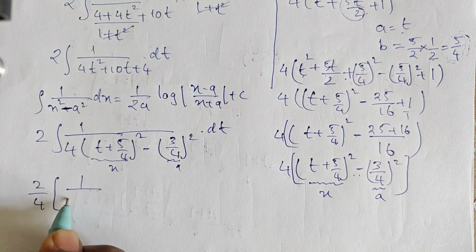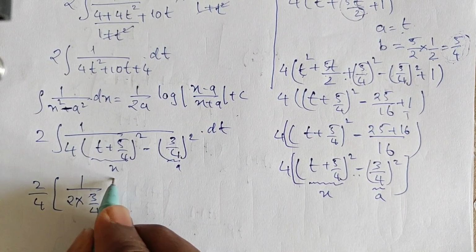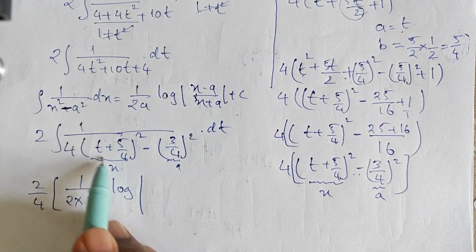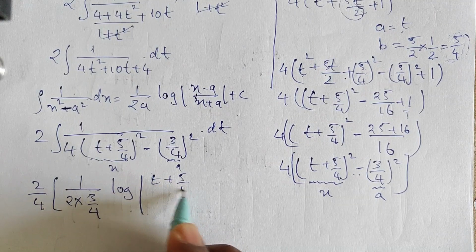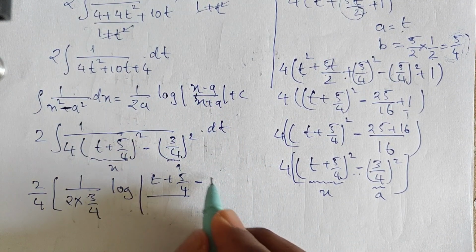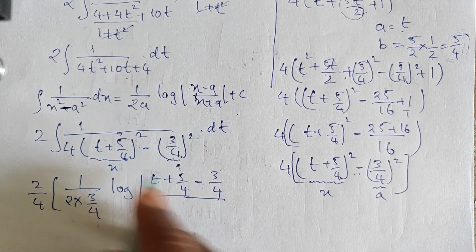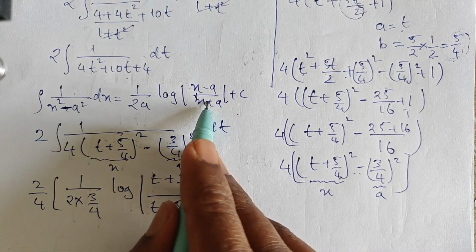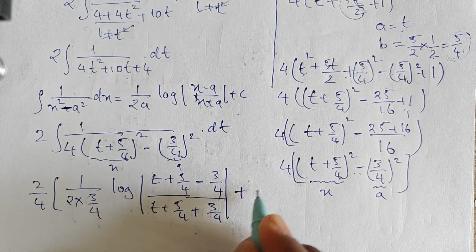Okay, 1 by 2a, a here is nothing but 3/4, log of mod (x minus a) by (x plus a). What is x, complete bracket, that is t plus 5/4, minus a is nothing but 3/4. Okay, now x is nothing but t plus 5/4, plus a is nothing but 3/4.